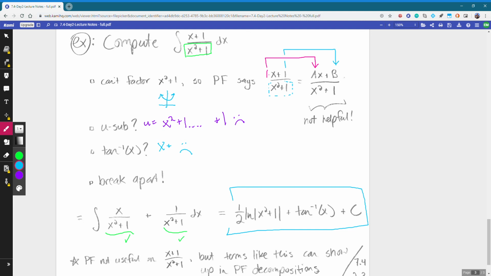And so we do want to be able to integrate things like this. And this is the idea here. If there are two terms up top, let's just break things apart and deal with them individually.